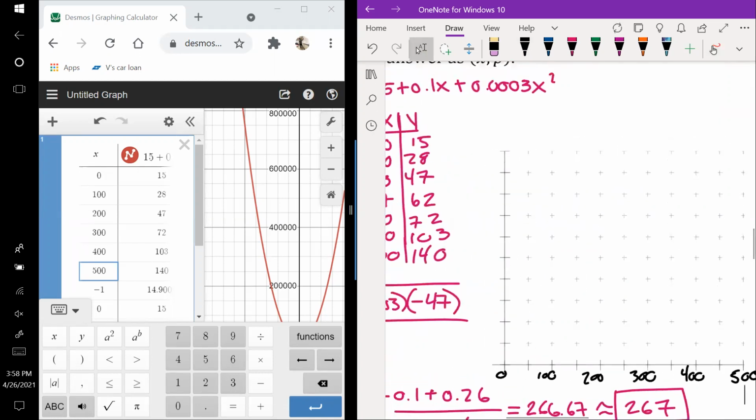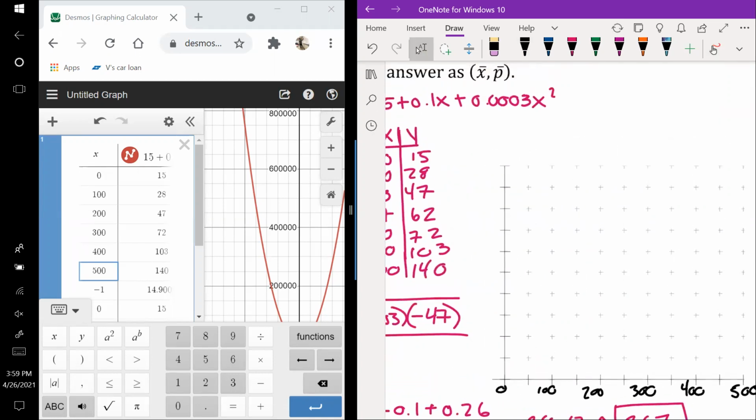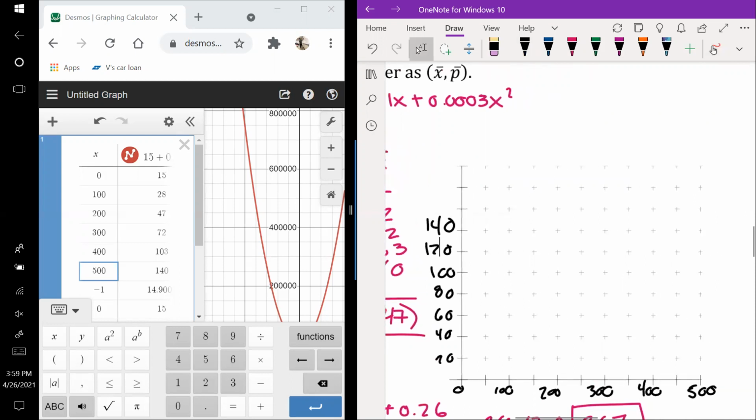And then my y values, which are right there: 15, 28, 47, 103. Let's go by 20s. Sure. I don't know if we should skip. Probably not. 20, 40, 60, 80, 100, 120. We stop at 140.